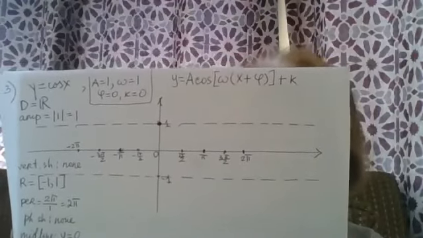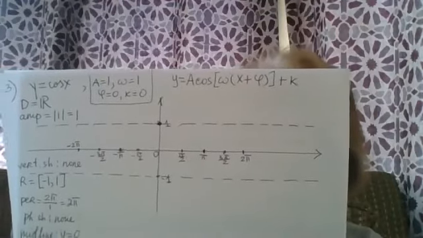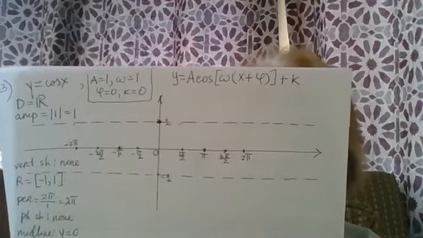If we have y equal to positive cosine x, all the time at the origin, it will be having its maximum. And after that, at x equal to pi over 2, cosine is 0. At pi, it is reaching its minimum. At 3 pi over 2, it is 0 again.